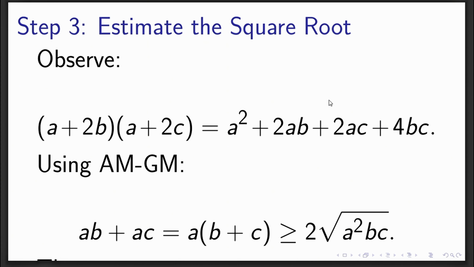Now, by using AM-GM, I can write ab plus ac is equal to a into b plus c, which is greater than or equal to 2 into root of a square multiplied by bc. When I multiply on both sides with 2, this means I will get 2 times ab plus 2 times ac is greater than or equal to 4 times root of a square bc.